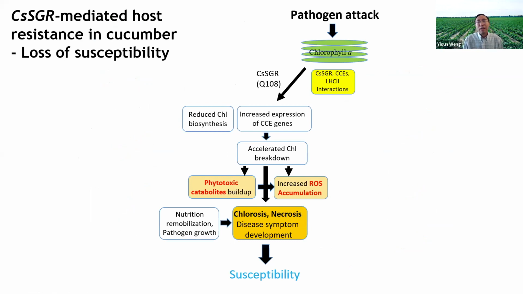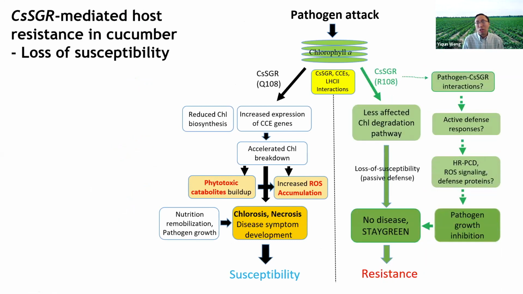And here is basically our speculation. In the susceptible line, we have regular chlorophyll degradation upon infection by the disease pathogen, and you have typical symptoms: chlorosis, necrosis, and the disease.